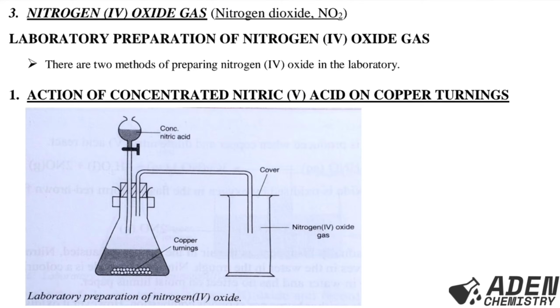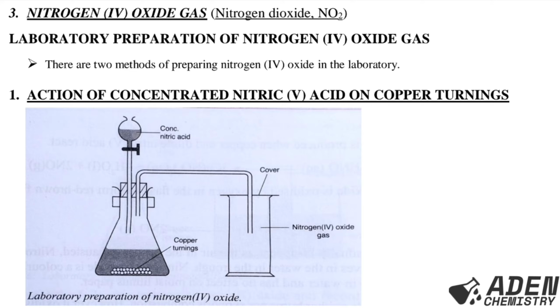So here we're having conical flask. That apparatus is a conical flask, and here we're having a dropping funnel. So in the dropping funnel, we are going to put the concentrated nitric 5 acid. Then in the conical flask, we're going to put the copper turnings.